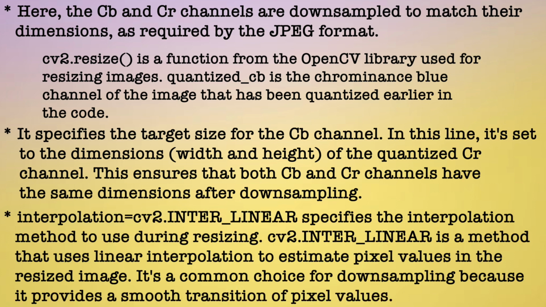Interpolation is the method to use during resize. cv2.INTER_LINEAR is a method that uses linear interpolation to estimate pixel values in the resized image. It is a common choice for downsampling because it provides a smooth transition of pixels.